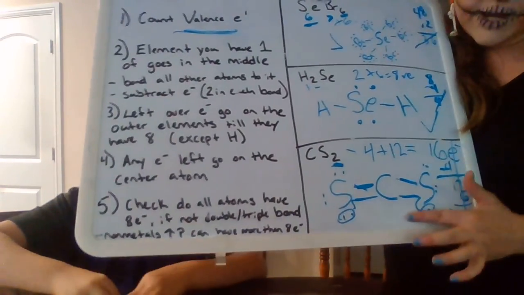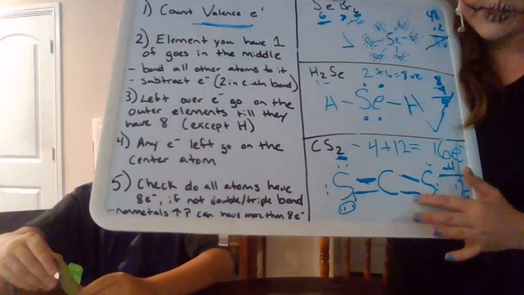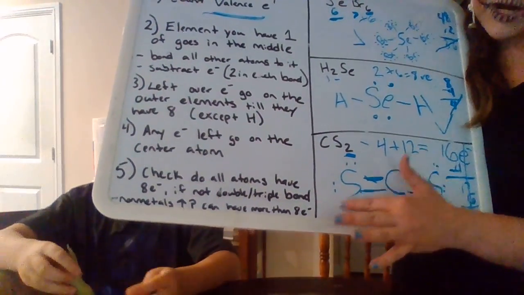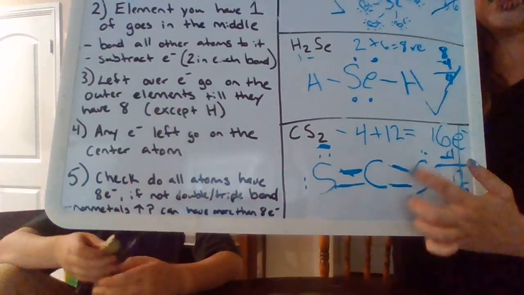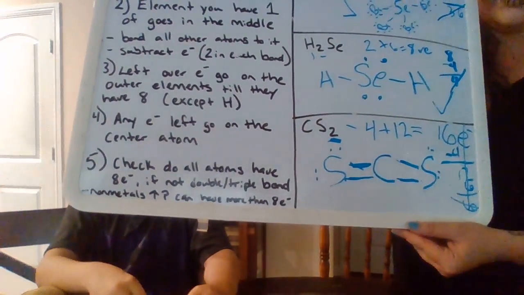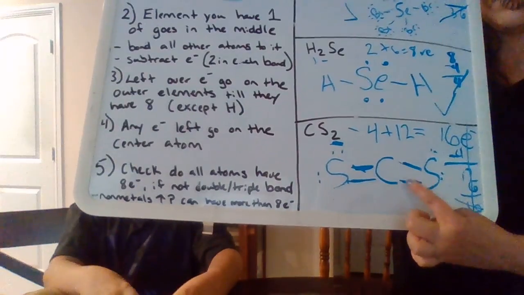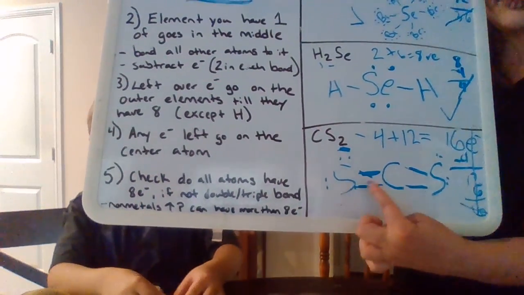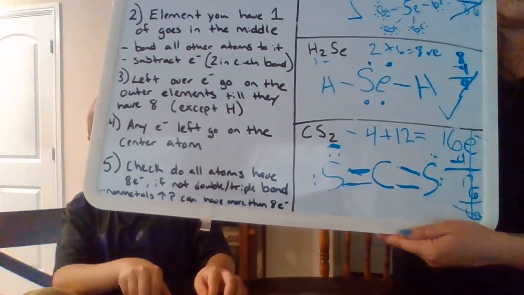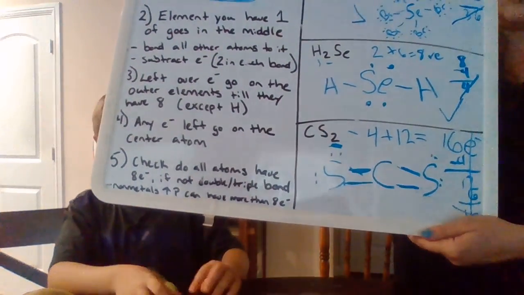So now if I erase where I stole, you can see the double bonds like that. Now sulfur has 2, 4, 6, 8, so sulfur's good. Carbon has 1, 2, 3, 4, 5, 6, 7, 8, and this sulfur has 2, 4, 6, 8. So everybody's happy now, everybody has 8, but they needed those double bonds.